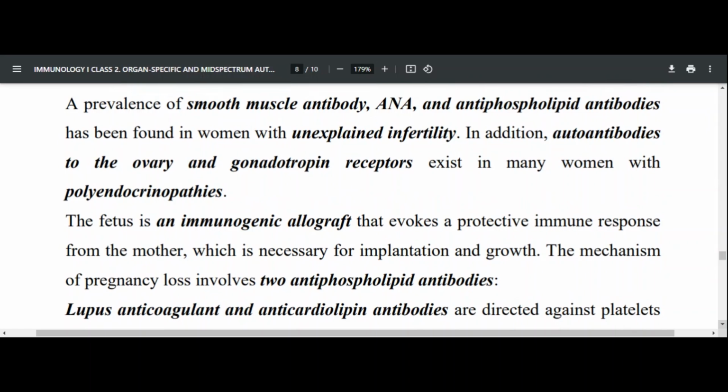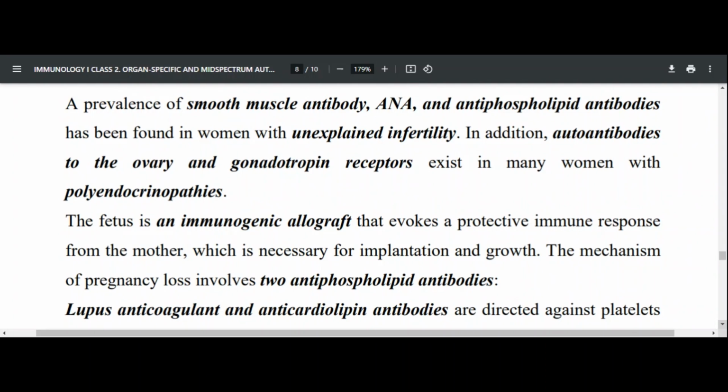So the fetus is an immunogenic allograft that can evoke a protective immune response of the mother. The mechanism of pregnancy loss involves antiphospholipid antibodies, especially when there is a stimulation of the mother by the fetus, which leads to the rejection of that fetus.